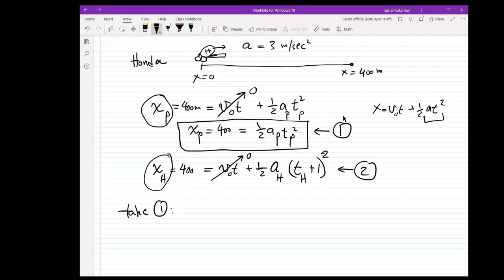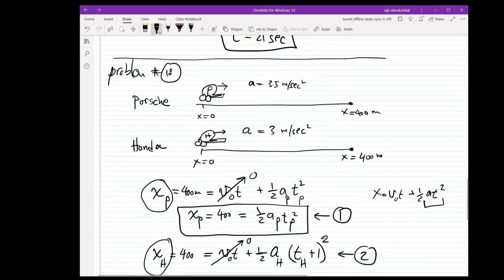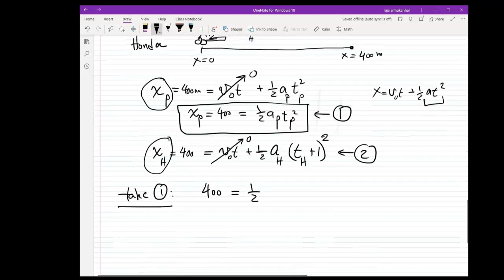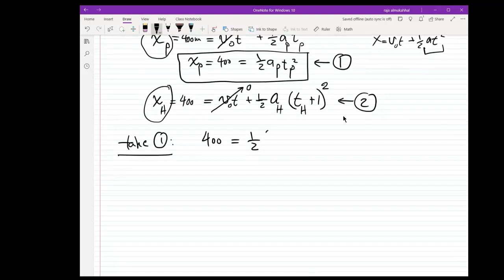So I have here 400 equals 1/2 a sub p. Here it is right here. This is a sub p right there, guys. So it's 3.5, so I'm going to plug it in there. t squared is t sub p squared, okay? And then I can just solve for t sub p.